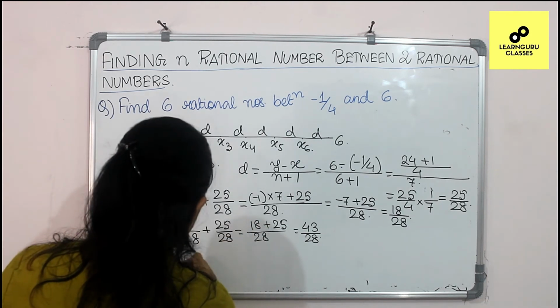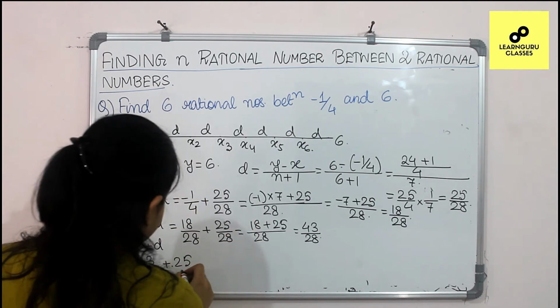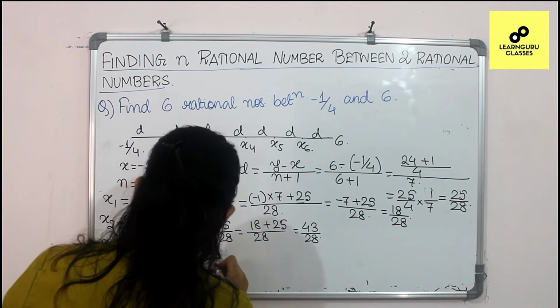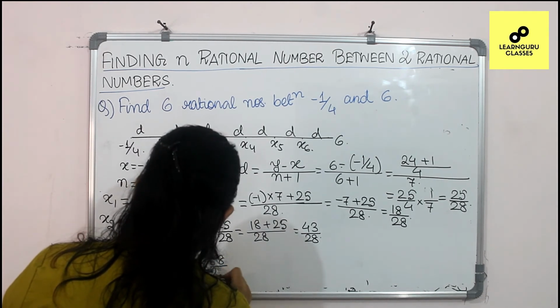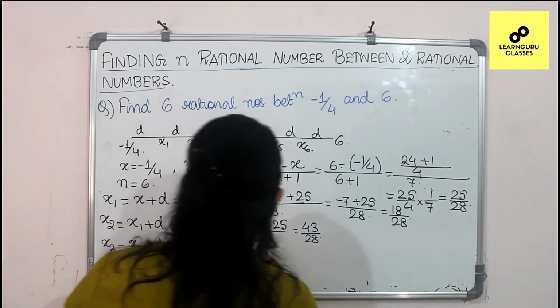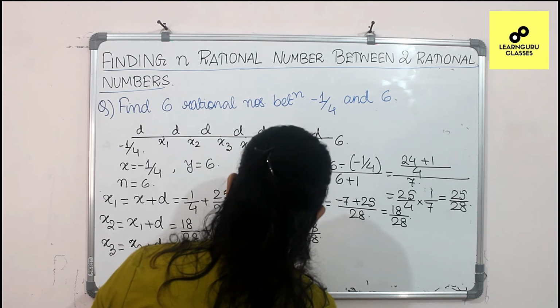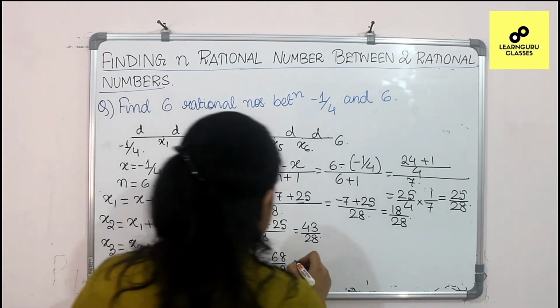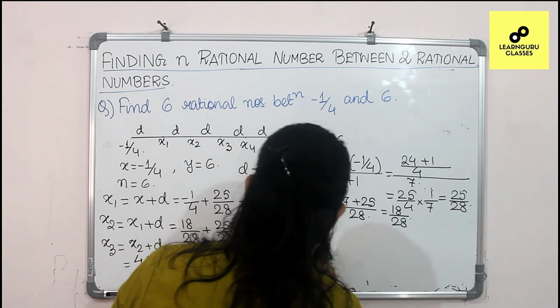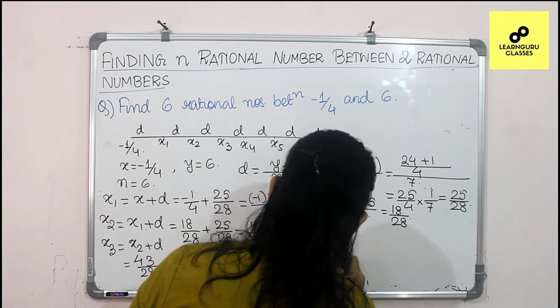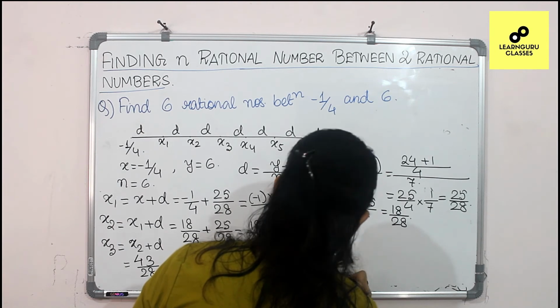So 25 by 28. So you are getting this as 68 by 28. x4 you are getting as 68 by 28 plus 25 by 28. So you are getting 93 by 28.